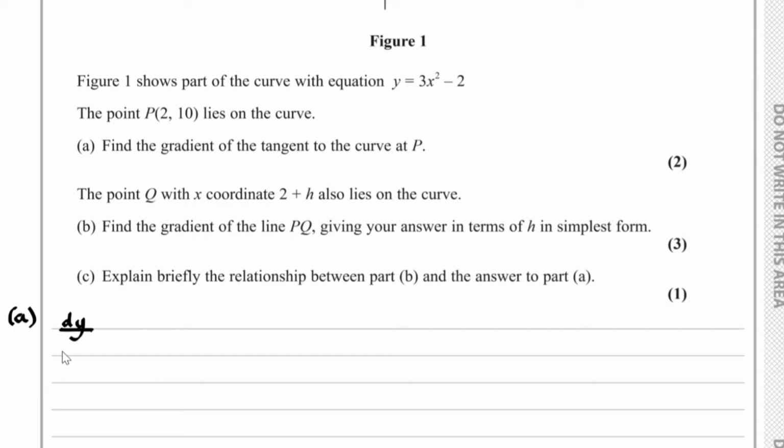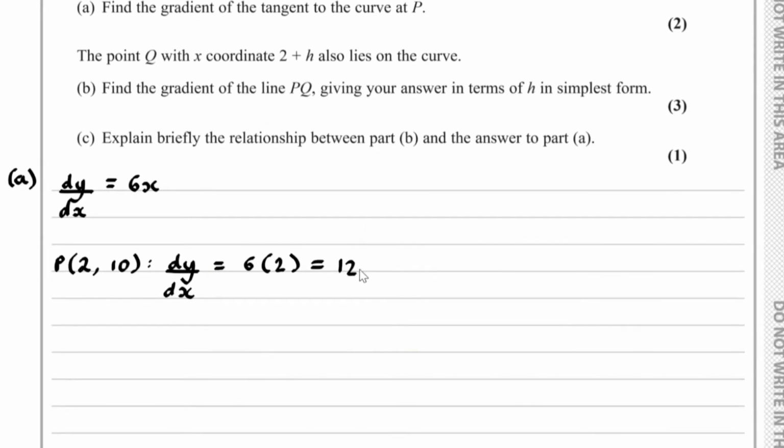Dy over dx is equal to 6x, and at the point P with coordinates 2, 10, dy over dx is equal to 6 lots of 2, which is 12. So this 12 represents the gradient of the tangent at the point P.